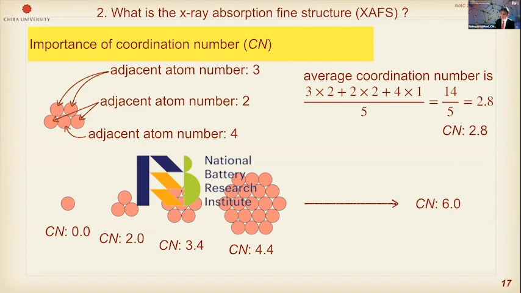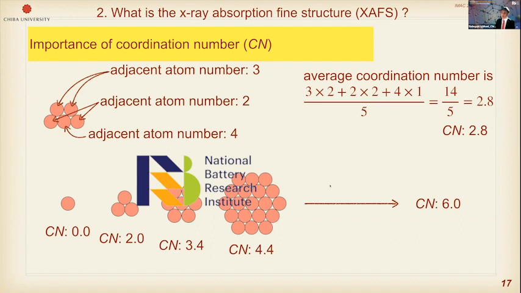Finally, a fully coordinated case is understandable. In this case, the center atom has 1, 2, 3, 4, 5, 6. 6 is the highest, saturated coordination. So finally, this two-dimensional model gives a coordination number of 6.